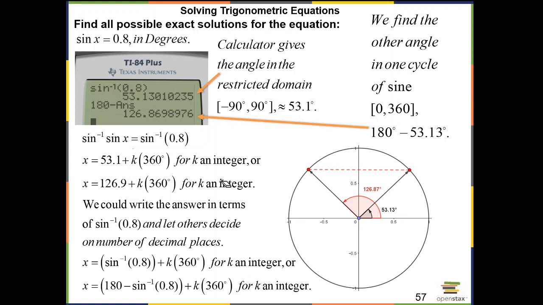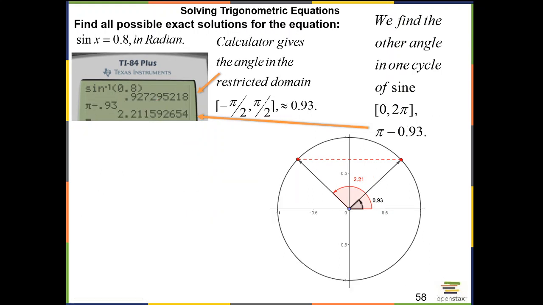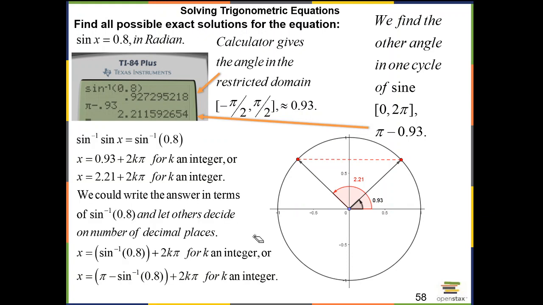All right? And if you do this in radian, and I think I did that already, this is in radian, right? The only difference is that the calculator now, if you put it in radian mode, doesn't give you 53 point something, it gives you 0.92, which is in radian. And to find the other one in radian, you have to take pi and subtract 0.92 from it.